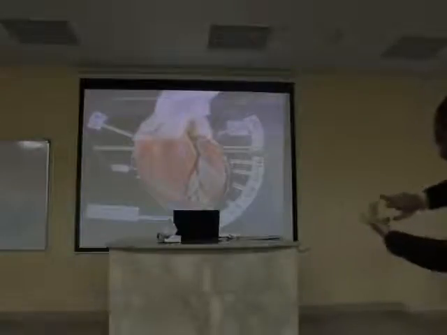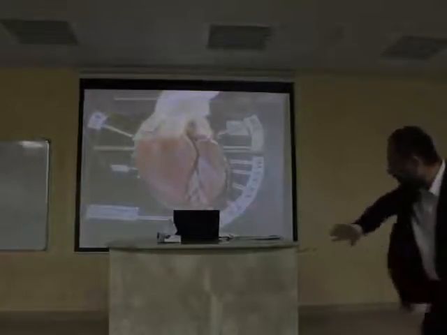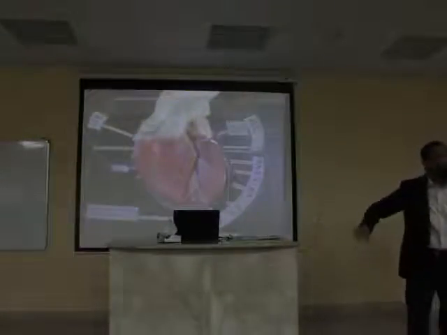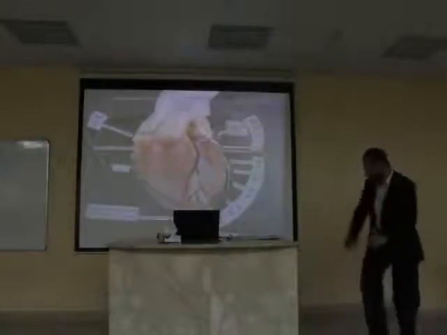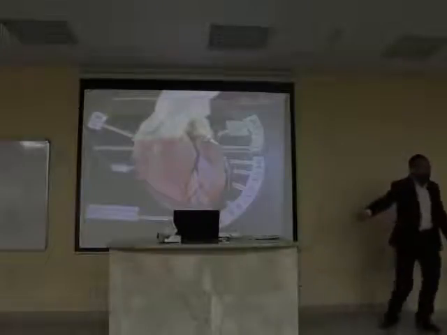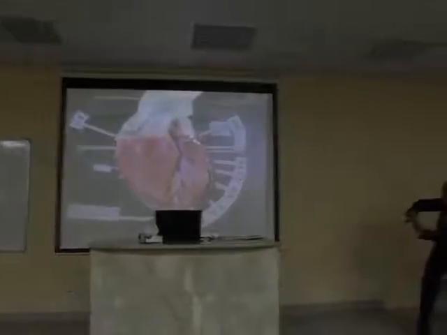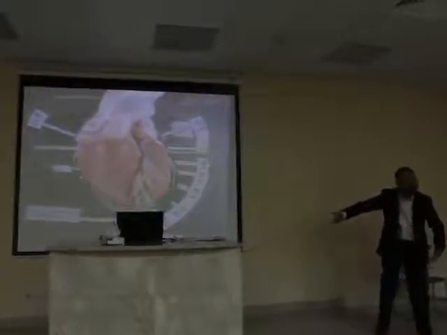V3, V4 for the front, the anterior surface of the heart. They are looking at this one. So the anterior wall of the heart is mainly covered by V3 and V4. Now you are visualizing V5 and V6.